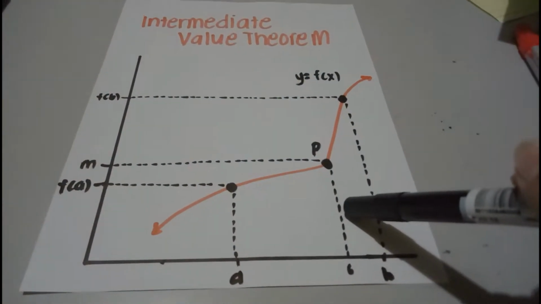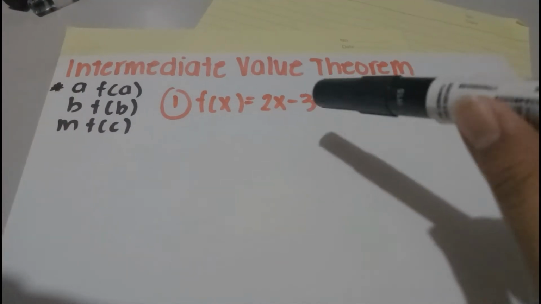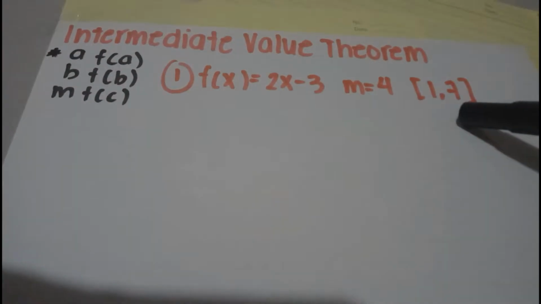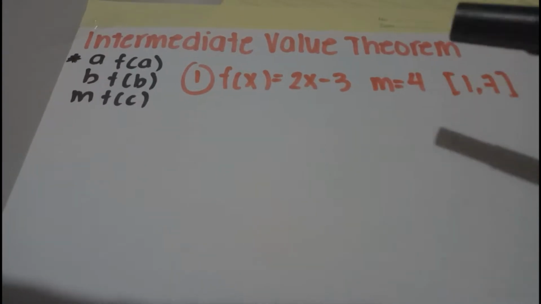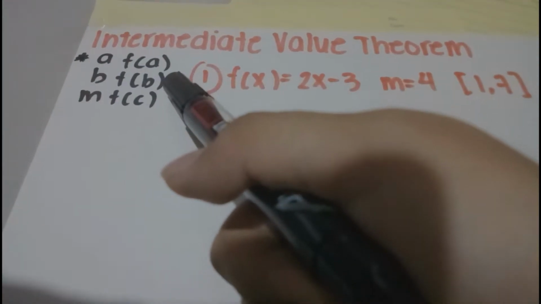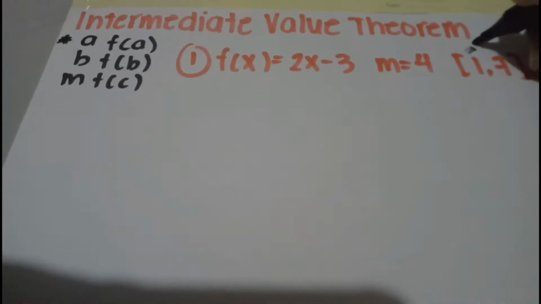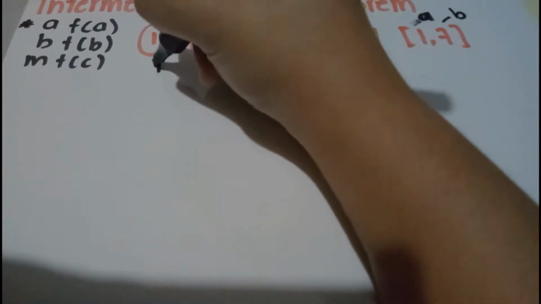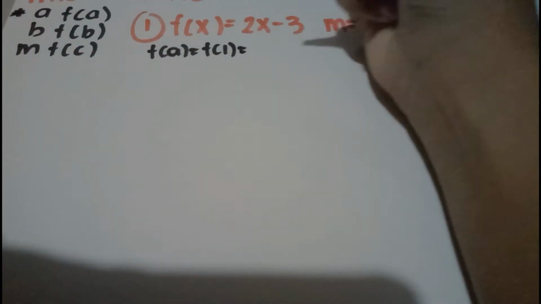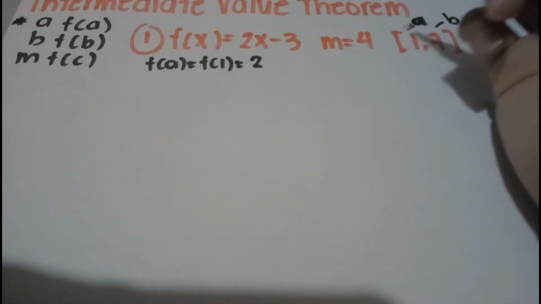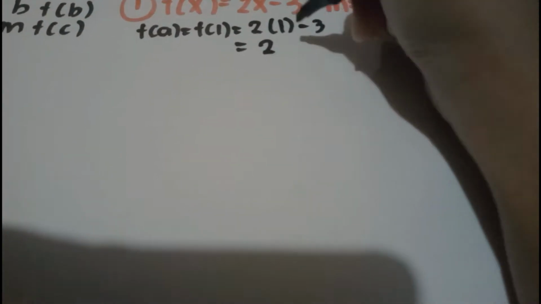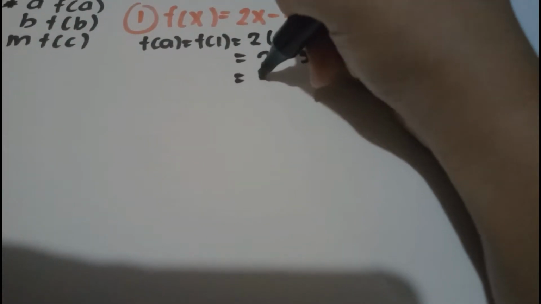So let's find if f of x equals 2x minus 3 is continuous over the interval 1 to 7 with an m of 4. First you will get the f of a and the f of b, where 1 is a and 7 is b. So f of a is equal to f of 1. Substitute in the equation: 2 times 1 minus 3 equals 2 minus 3, which is negative 1.